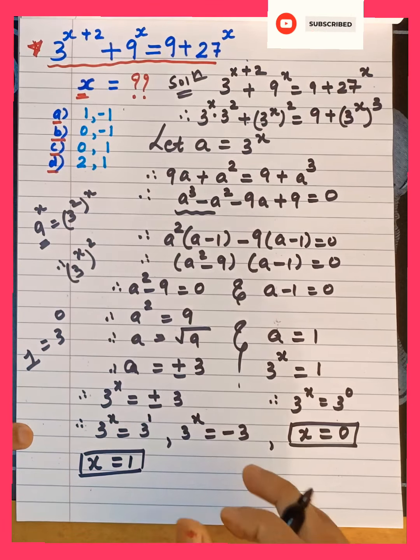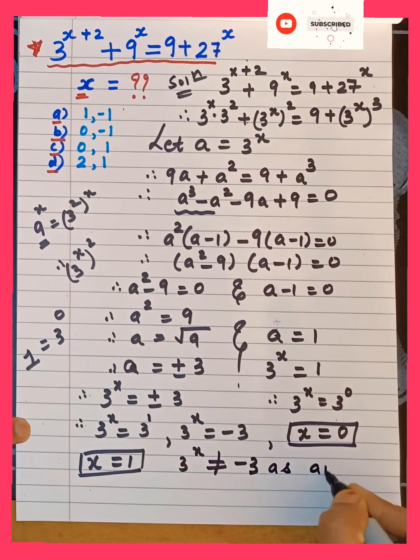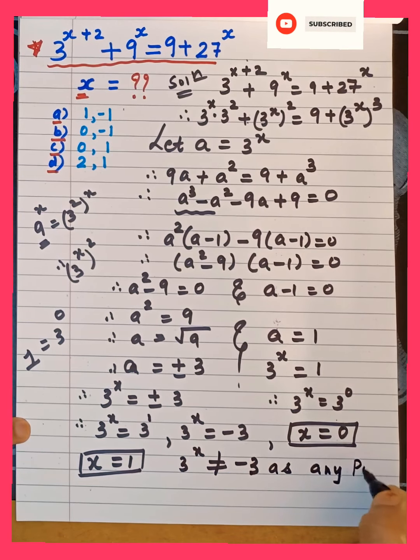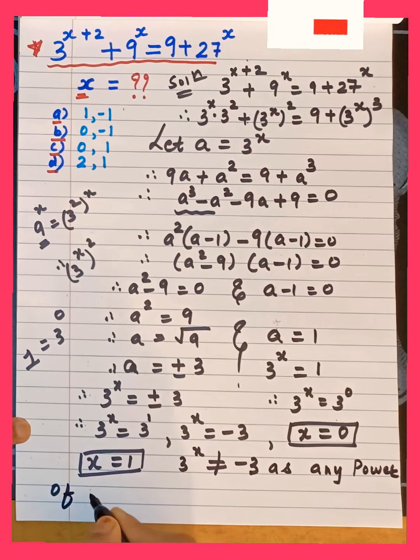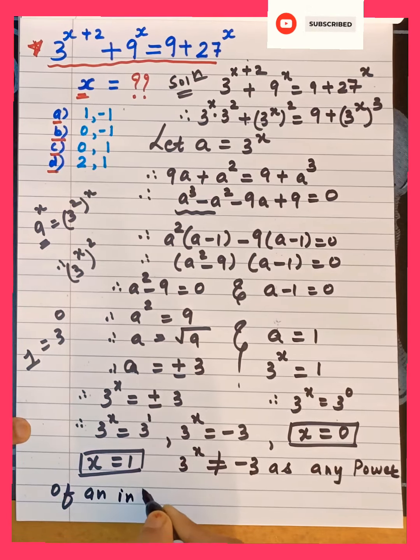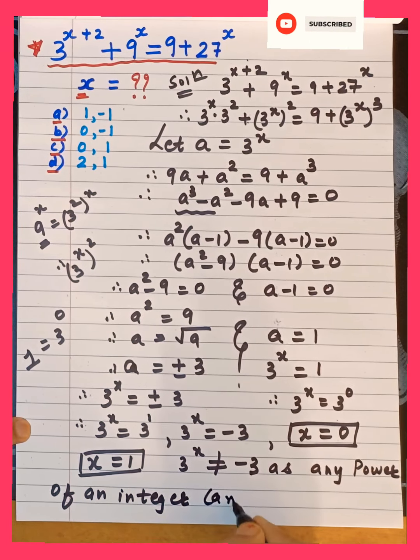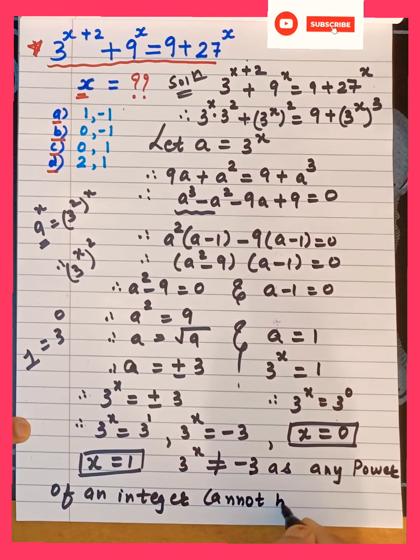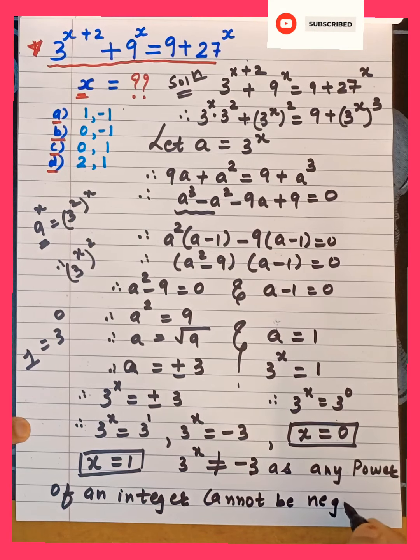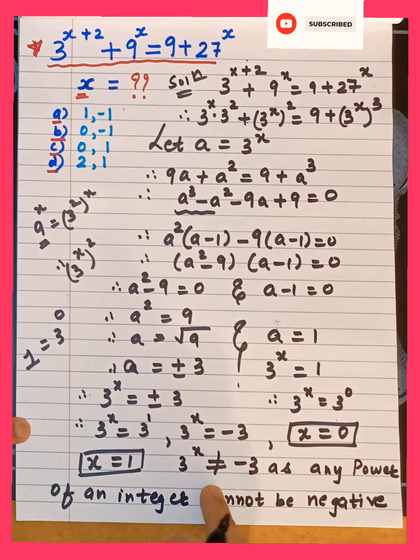So here 3 raised to x is not equal to minus 3, as any power of an integer cannot be negative. So 3 raised to x cannot be equal to minus 3.